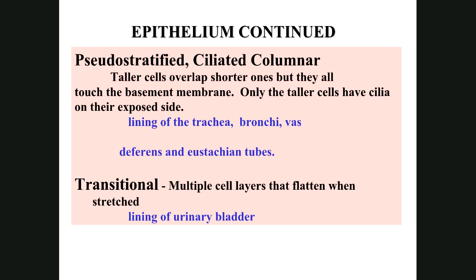In a man, the vas deferens is the tube that leads from the testes to the penis to allow the sperm to come through. It is also lined in pseudostratified ciliated columnar epithelium to help the sperm move through. And your eustachian tube is the tube that leads from your throat to the other side of your eardrum.